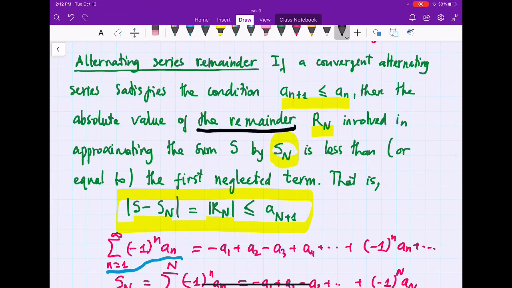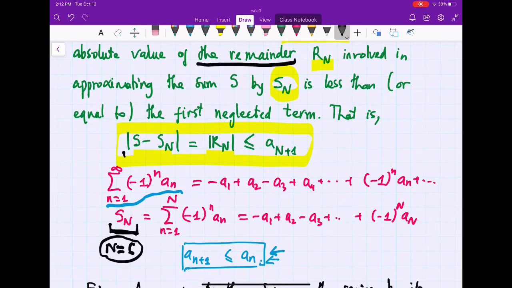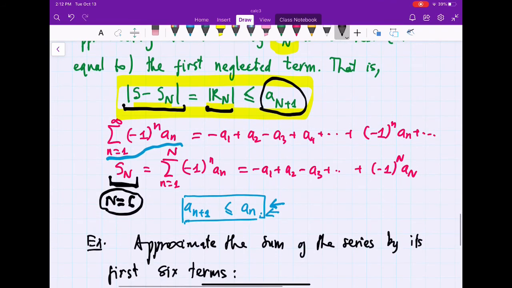You can find the upper bound of the remainder, and that is more important, because if you just calculate the sum of the first 6 terms, you have some approximation. But how to evaluate the error, the remainder? That is much more important.